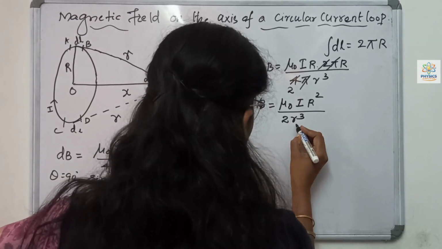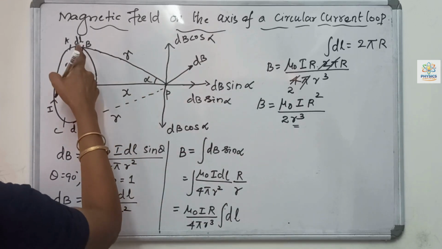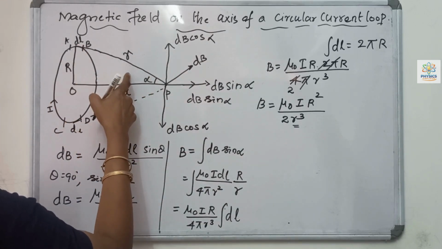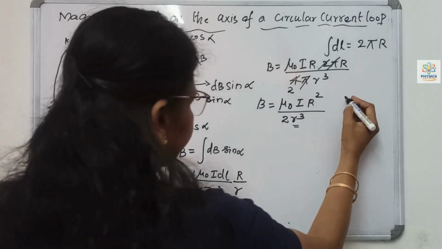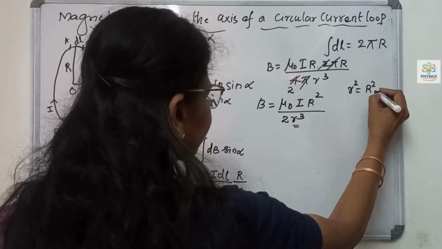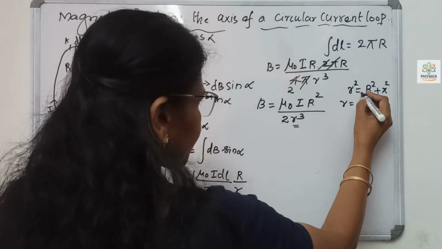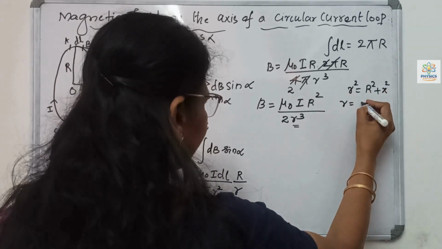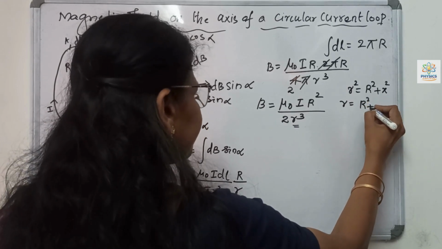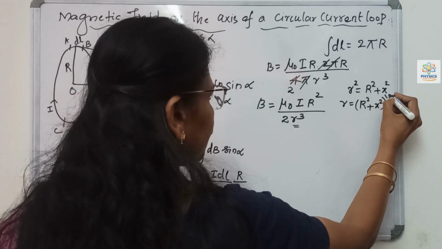So next we have to calculate the value of r. Again, if we consider this as a right angle triangle, then we can write r square is equal to R square plus x square. r can be written as root of R square plus x square, or we can write R square plus x square the whole raised to 1 by 2.